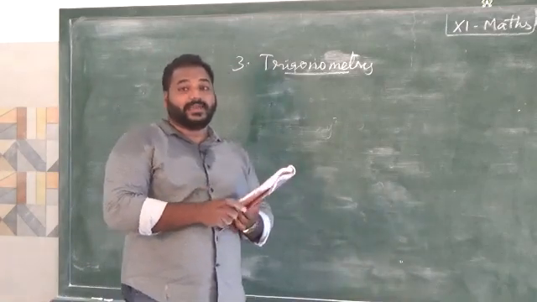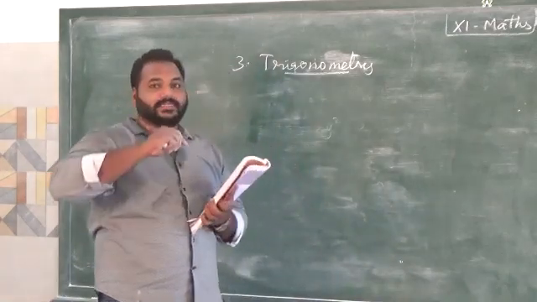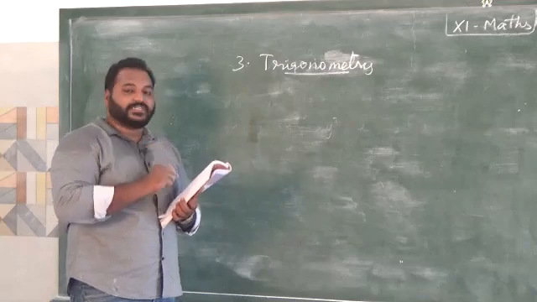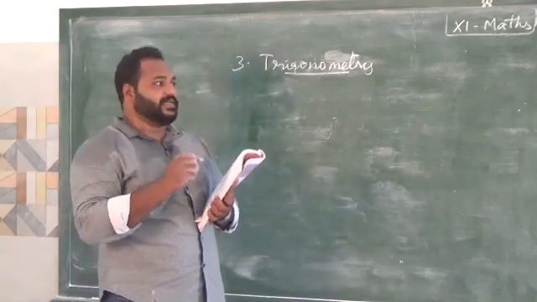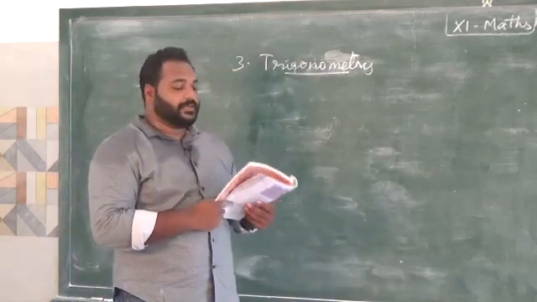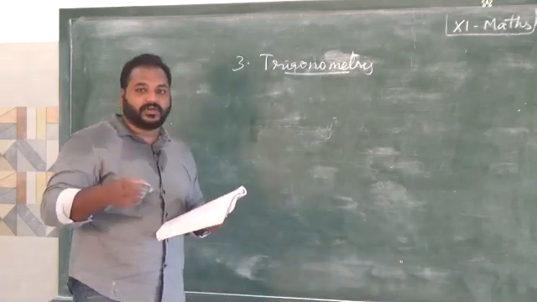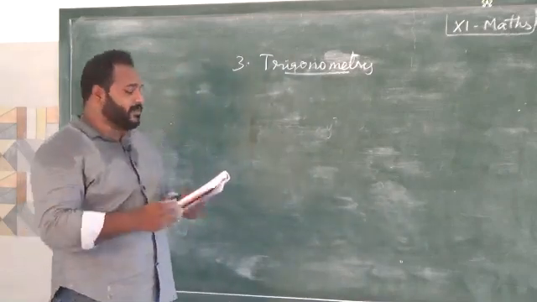Because we already learnt trigonometry in the 10th standard, you may be aware of a few basic things, but here I am going to recall all the basic knowledge once again, and then we will go for the problems.